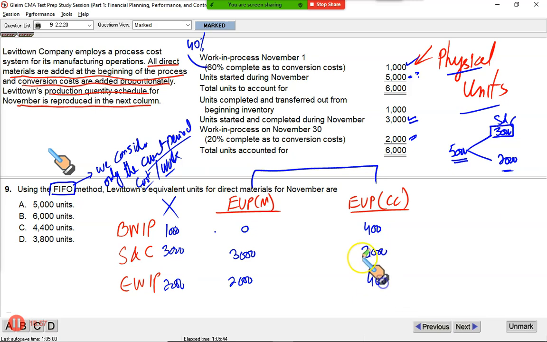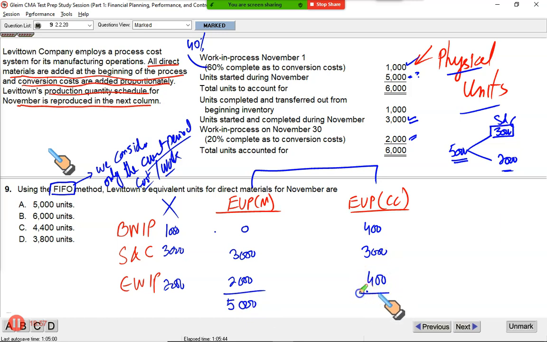Now gentlemen, this is important. There are a total of 6,000 actual physical units that exist. But for our calculation under FIFO, beginning work in process had 0 material added, started and completed had 100% material added, and these 2,000 units had 100% material added. So under FIFO, the equivalent units of material is 5,000.